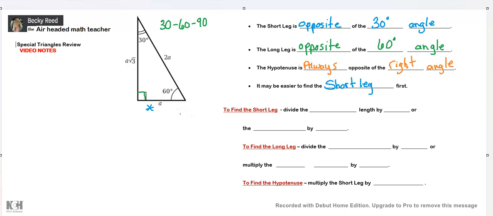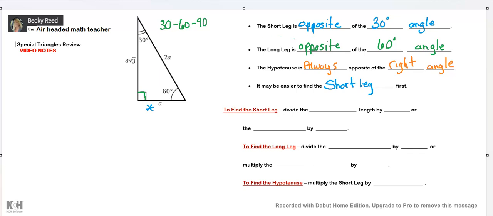The short leg is a pretty special one because the other two sides are based off of it. They're using the variable a to show that a is the short leg. Let's first talk about how to identify these.